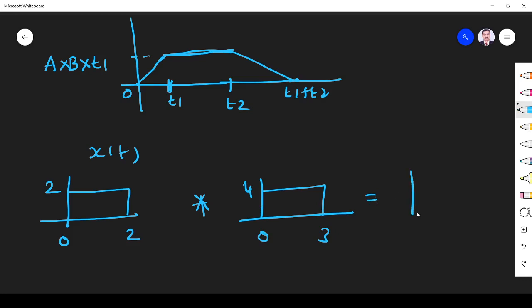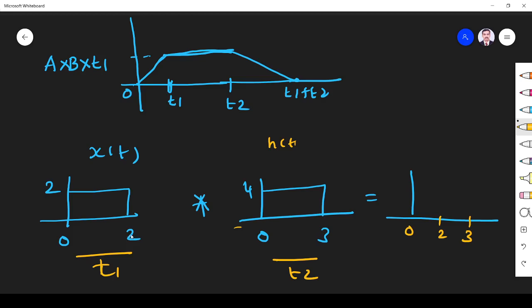What happens? As usual, add the initial point 0, so the starting point is 0, 0 plus 0 is 0. Add the first time length t1, so t1 is 2, 0 plus 2 is 2. Add the second time period length, the time period of h of t, it is 3, so 0 plus 3 is 3, then add the final value, 2 plus 3 is 5.